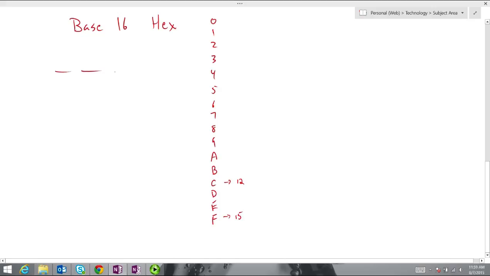So let's take a 3-digit hexadecimal number. Again, I write in my base 16, 16, 16. I write it to the 0 power, the 1 power, and the 2 power. So this is the ones place. This is the 16s place. And 16 squared is 256. So this would be the 256th place.